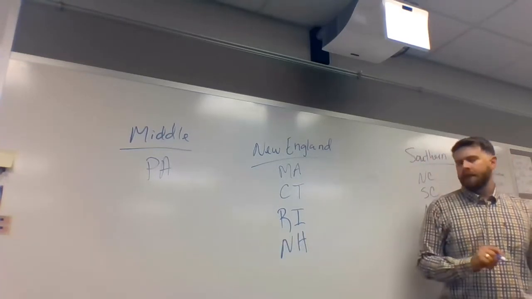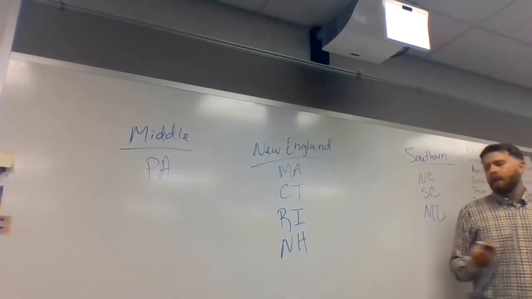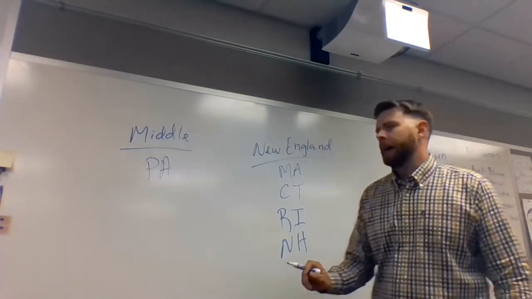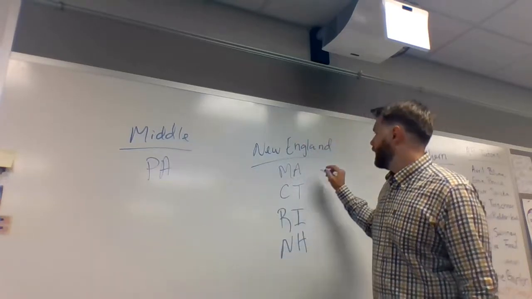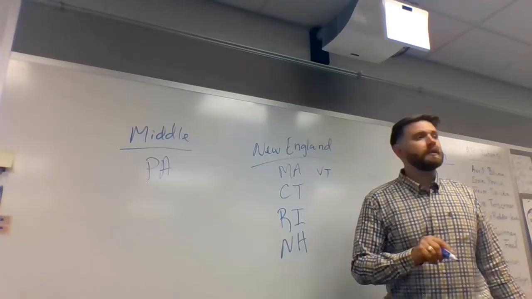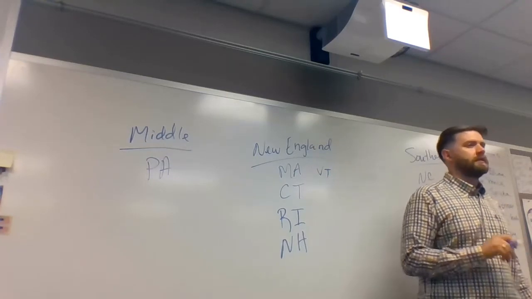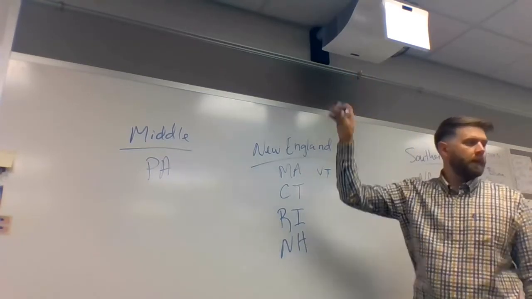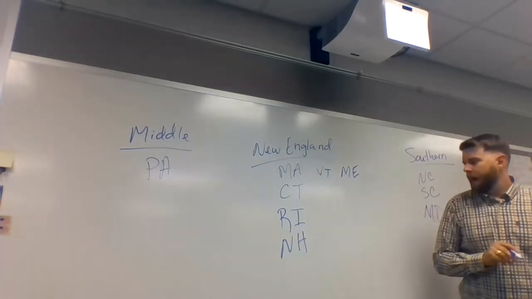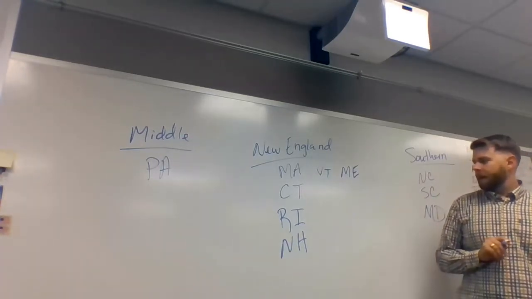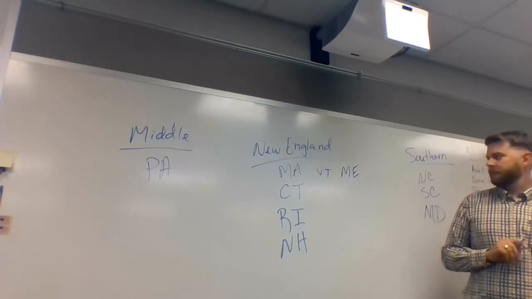Yep. Vermont. Yes, Vermont will come later. Vermont right now is a territory of Massachusetts, and there's another one that's a territory of Massachusetts. It's way up there. What? Maine. Okay. Connecticut, Rhode Island, New Hampshire, Massachusetts, Vermont.